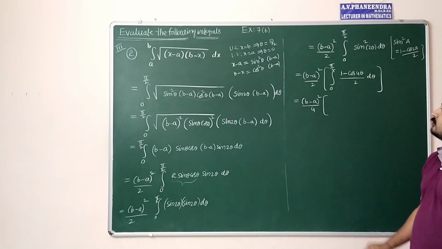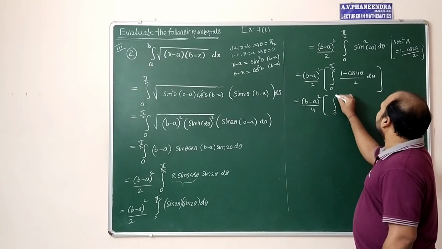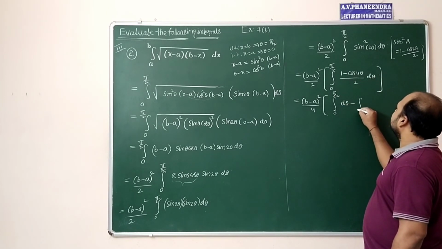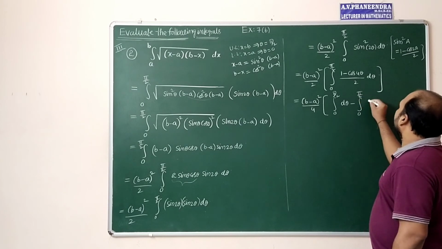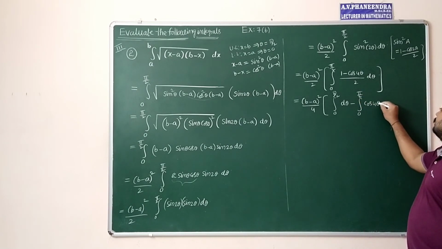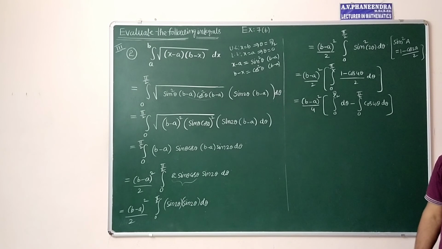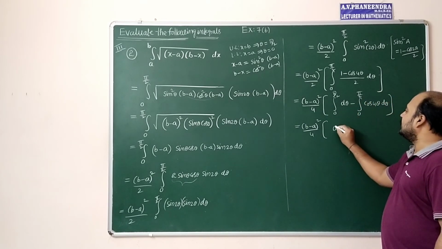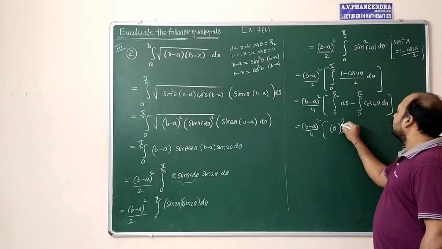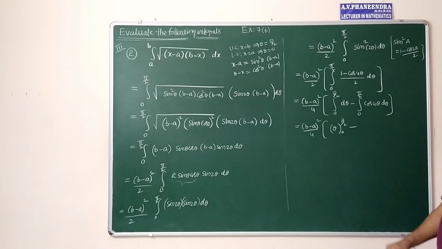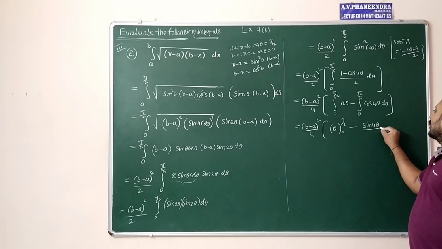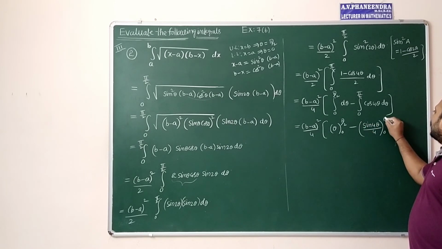Into integral 0 to pi by 2, 1 into d theta is d theta, minus integral 0 to pi by 2 cos 4 theta d theta. So now b minus a whole square by 4, integral d theta is theta applying the limit 0 to pi by 2, minus integral cos 4 theta is sin 4 theta by 4 applying the limit 0 to pi by 2.